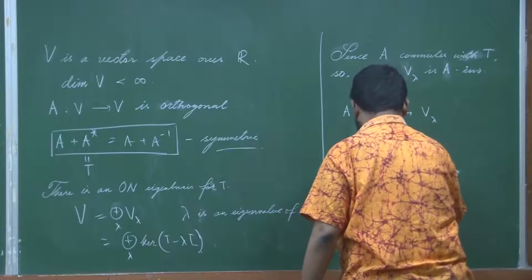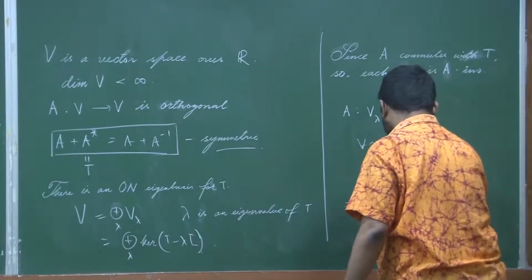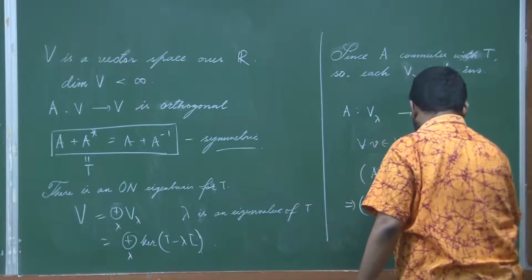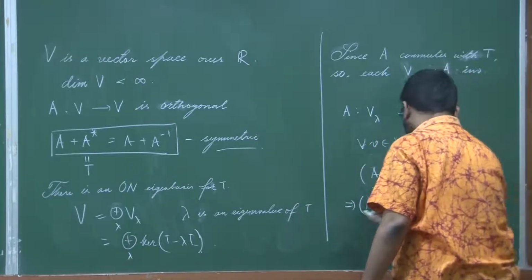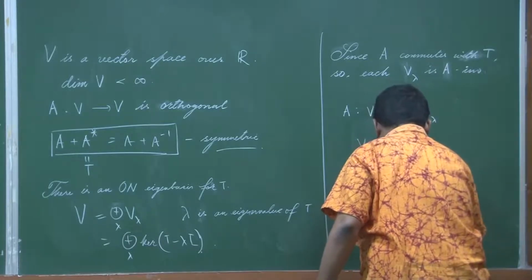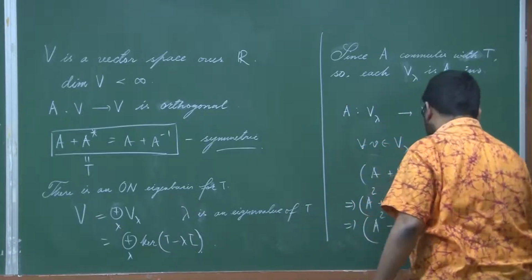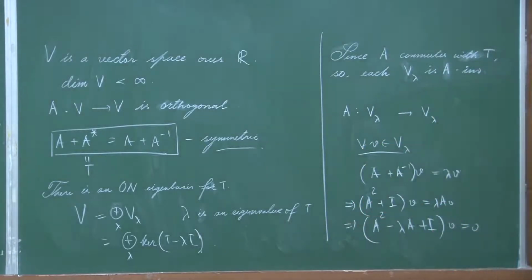What you will get is A square plus identity times V equal to lambda A V. So, bringing everything to one side, A square minus lambda A plus identity times V equals 0. This holds for every V.